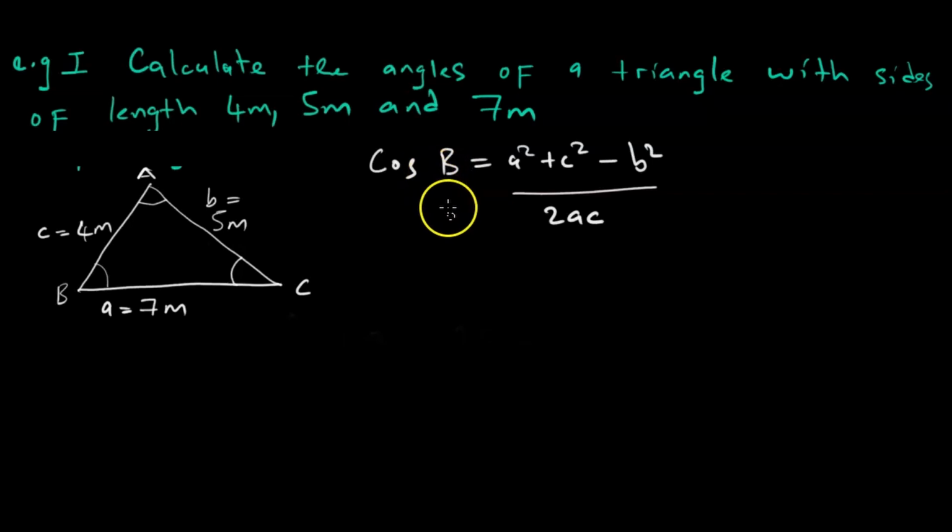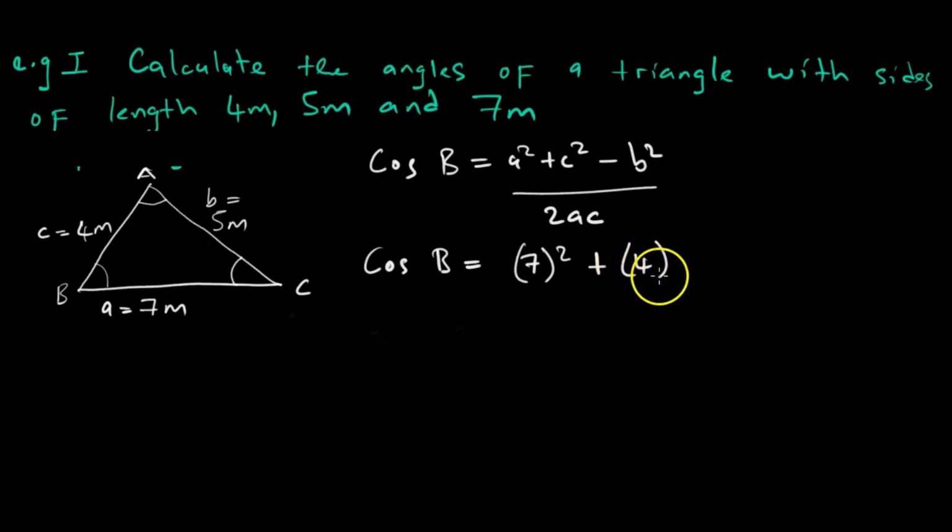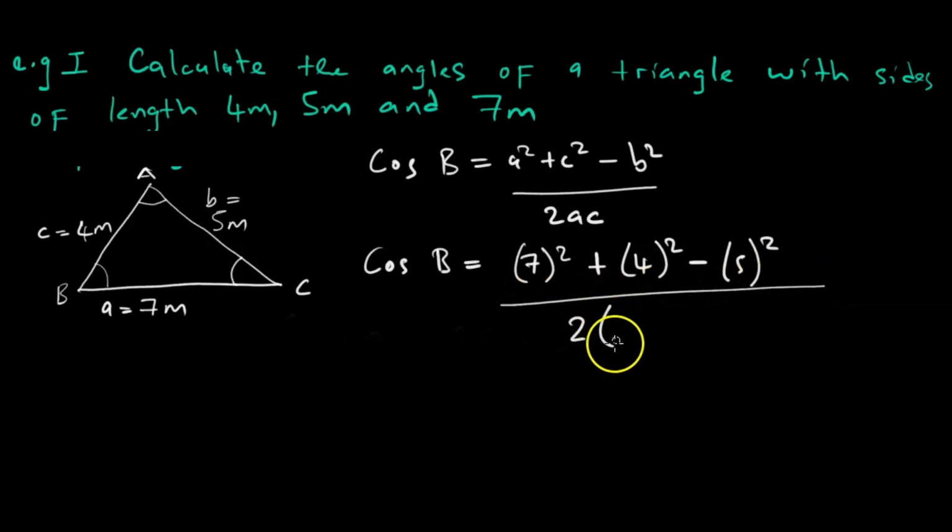Also, we want to find b, so cos b is equal to a which is 7, so it's 7 squared plus c which is 4, 4 squared, minus b which is 5, so it's minus 5 squared here. And take note that I'm putting brackets, it's very important, over 2 multiplying a which is 7 and c which is 4.